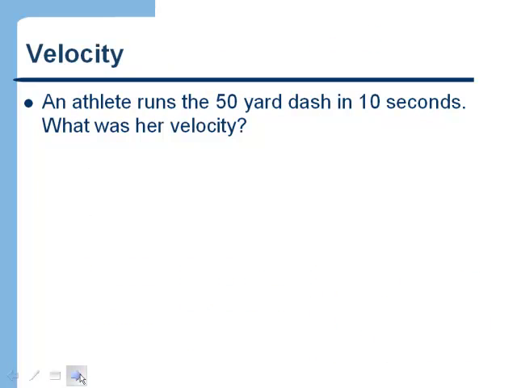Let's take a look at an example. So here we have a problem that says an athlete runs the 50-yard dash in 10 seconds. What was her velocity? I really want you to get in the habit of doing the following, and that is, first, make sure that you write the equation that you're using. Okay, so write the equation. And then show me the numbers that you're plugging in.